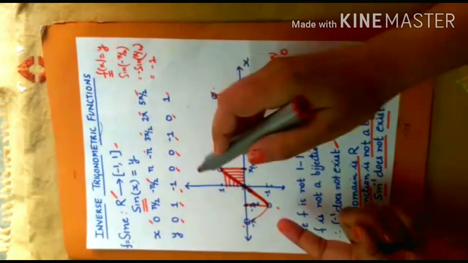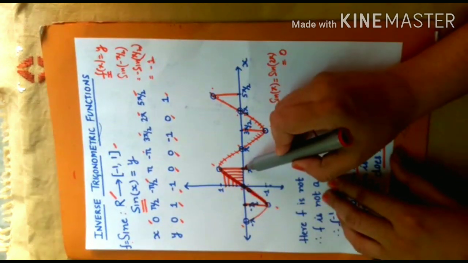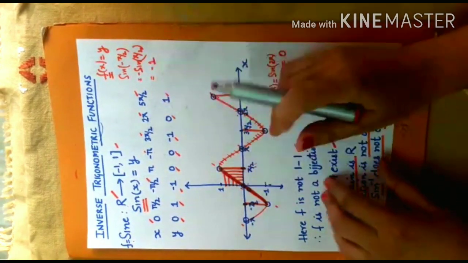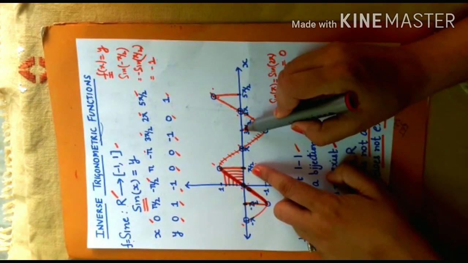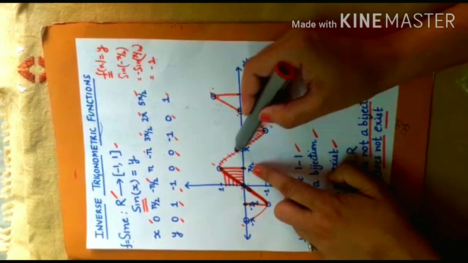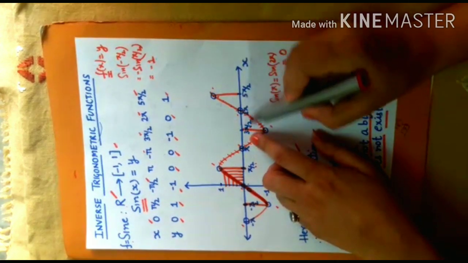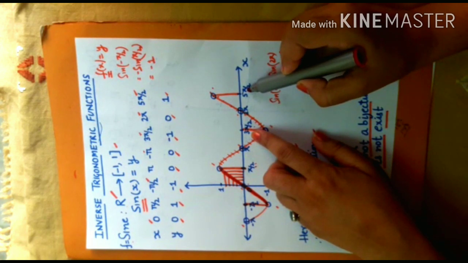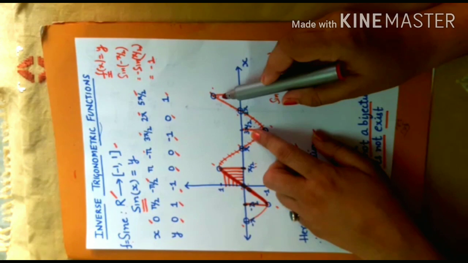I had told you that inverse function is defined from minus pi by 2 to pi by 2. And if we restrict the domain to pi by 2 to 3 pi by 2, again the sine function will be 1 to 1 and onto, so we can talk of its inverse. And in this part also, 3 pi by 2 to 5 pi by 2, sine function is a bijection, so we can talk of its inverse.